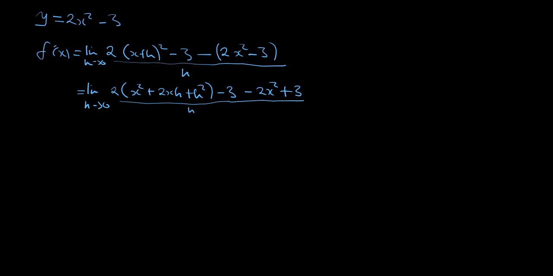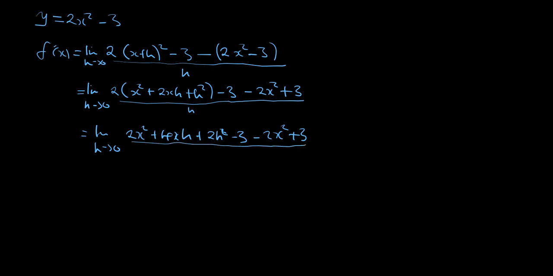So from there we'll say lim as h approaches 0, then I'll distribute that one, that will be 2x squared plus 4xh, then plus 2h squared, then minus 3 minus 2x squared plus 3, over h.